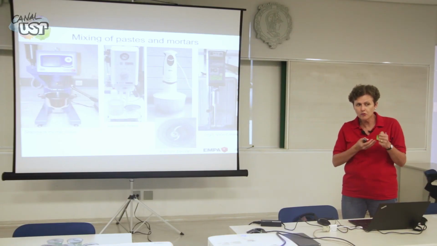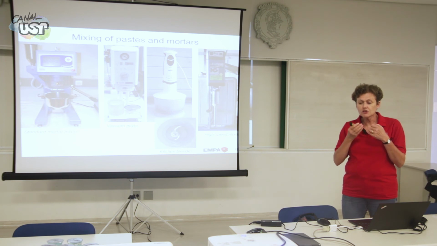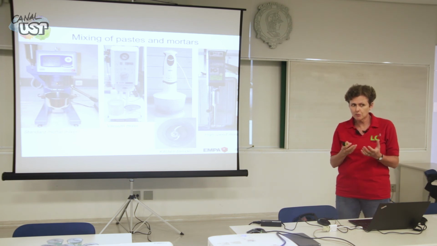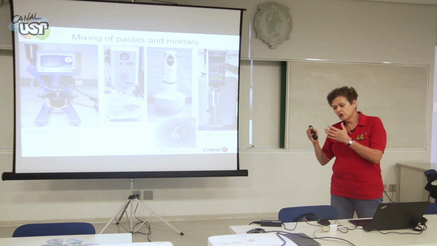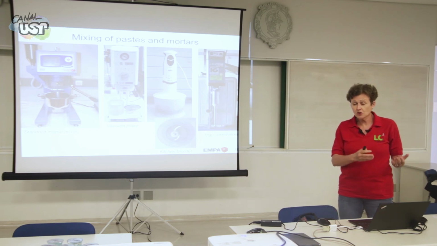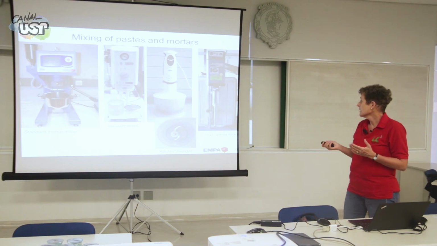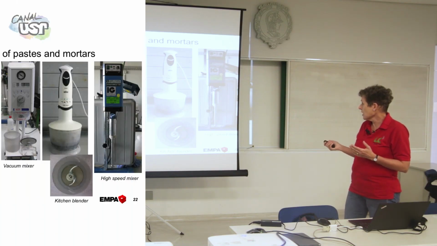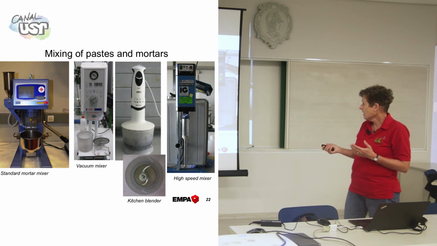The aggregates are moving past each other, and this gives quite a high shearing to the cement paste. So if you want to study a cement paste on its own, it's no good to use the same mixing conditions because this will not be the same thing. You really need a much higher intensity mixer of a type like this or this.